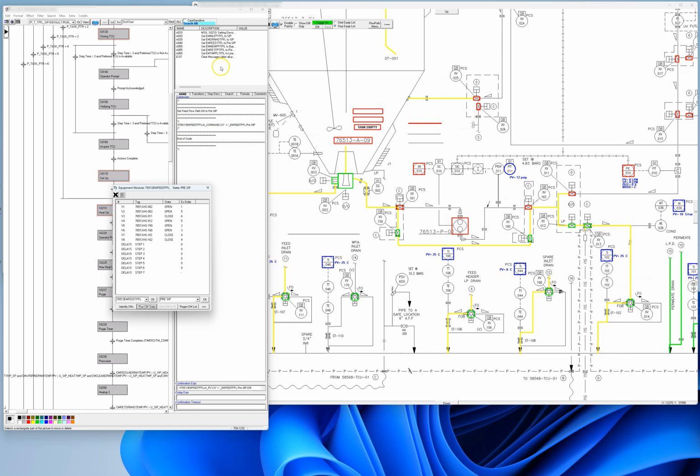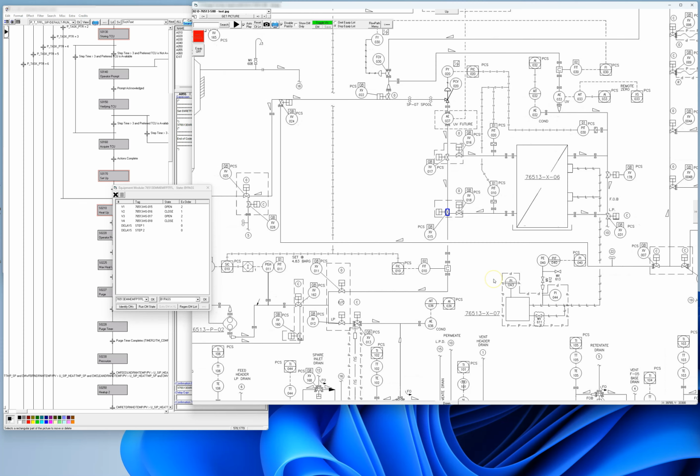So here, let's see what this step looks like. So that opens up these valves, right? And this is the retentate. Okay, run CM state. Those are these valves. Oh, I did that already.